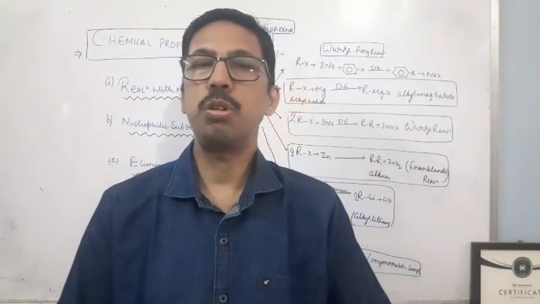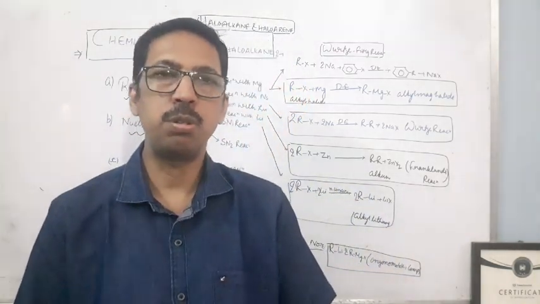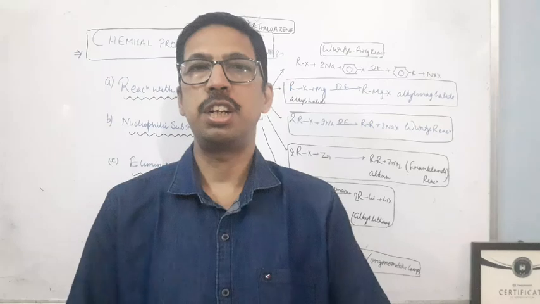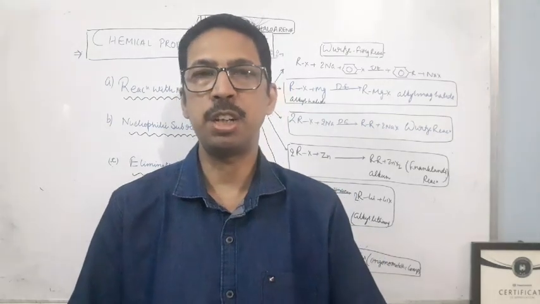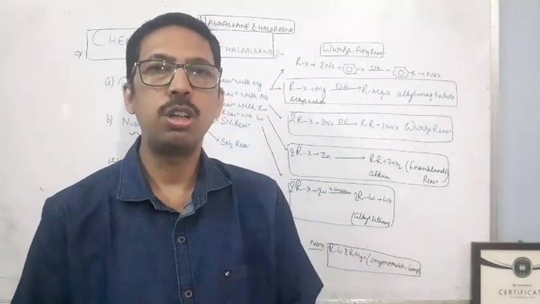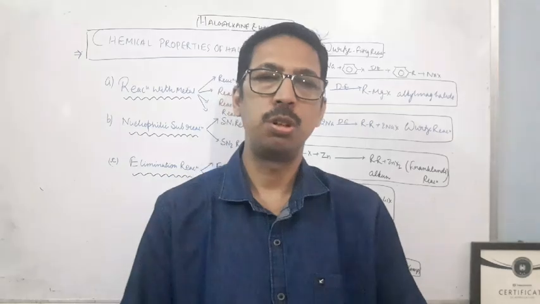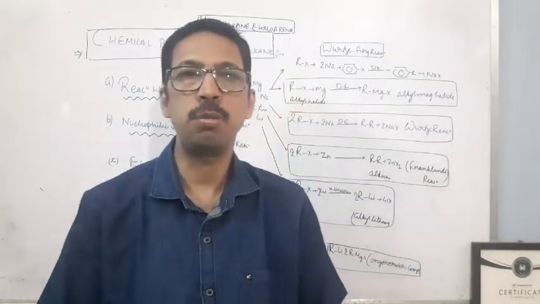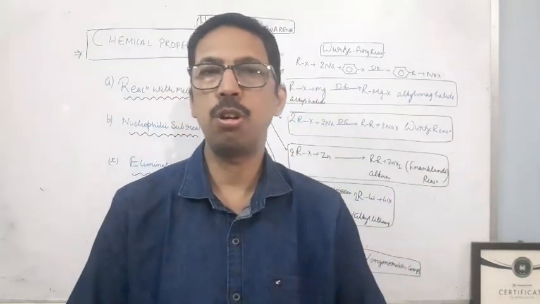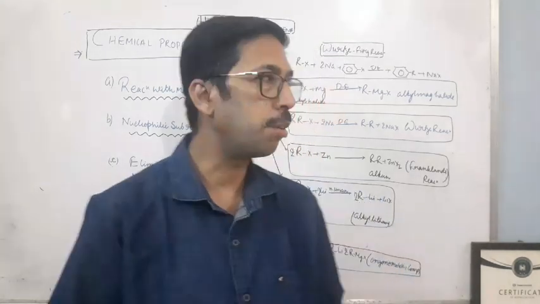It is also known as organometallic compound because it has a carbon-metal bond. All those compounds which consist of a carbon-metal bond are examples of organometallic compounds.